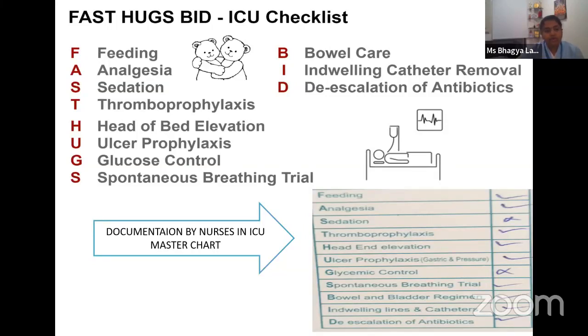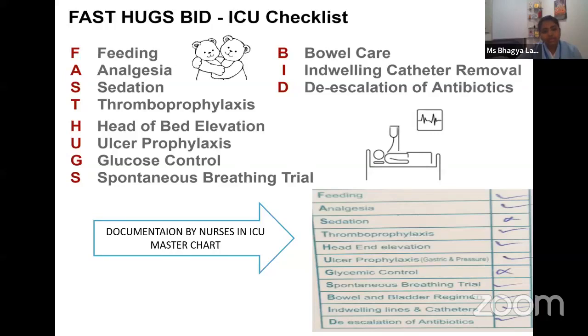As we already know, controlling the glucose in our body helps in a good outcome for the patient. Then the spontaneous breathing trial is applicable when the patient is on a ventilator. As we already know, early detection, daily review, early removal. The spontaneous breathing trial is something we do when the patient is on a ventilator: we have to assess to stop the sedation, assess whether the patient is able to take his own breaths, whether he is syncing with the ventilator or not.